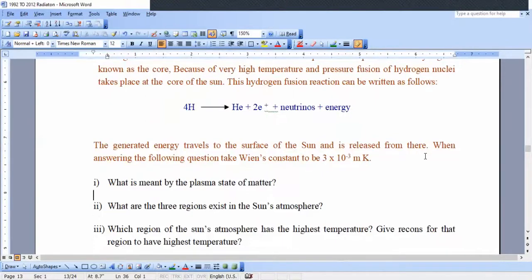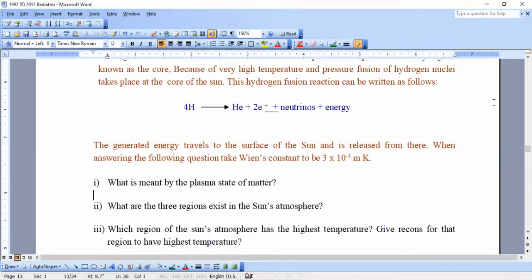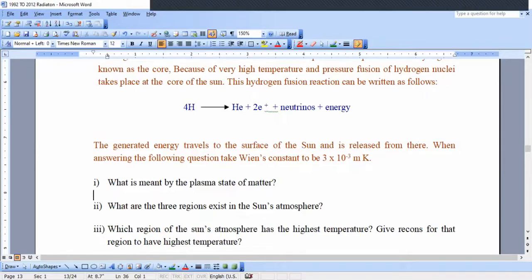Please write the heading: 2009 AL matter and radiation equation. Right, let's do word 5. What is meant by plasma state here?